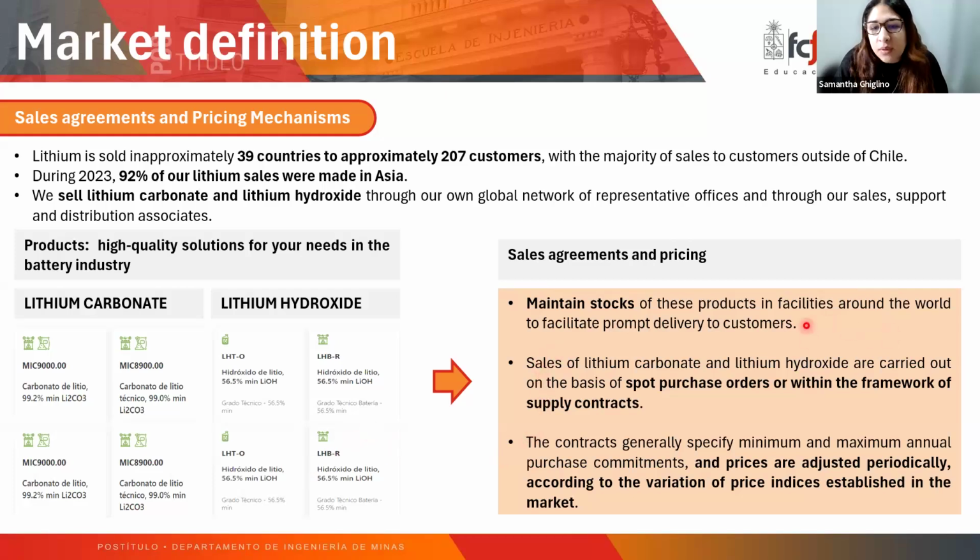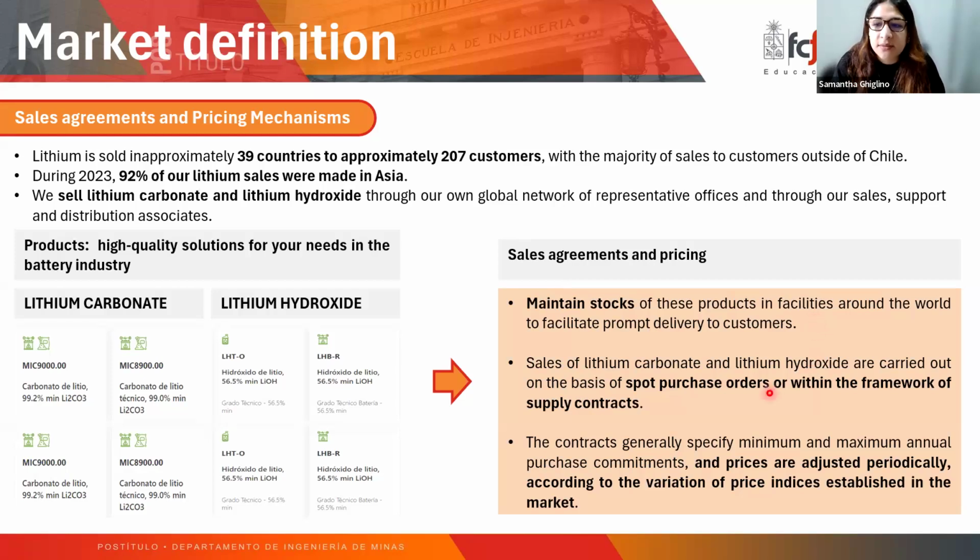So the key points that we would like to emphasize here are that the sales agreements and price schemes can involve maintaining stocks of these products in facilities around the world, because most of this is exported, and there are a lot of spot transactions. Some companies maintain stocks outside of the country near where their key customers are to make transactions easier, more efficient, and quicker, to gain an advantage in time.